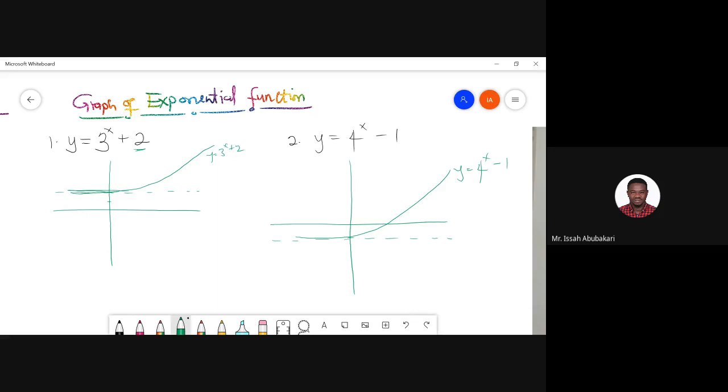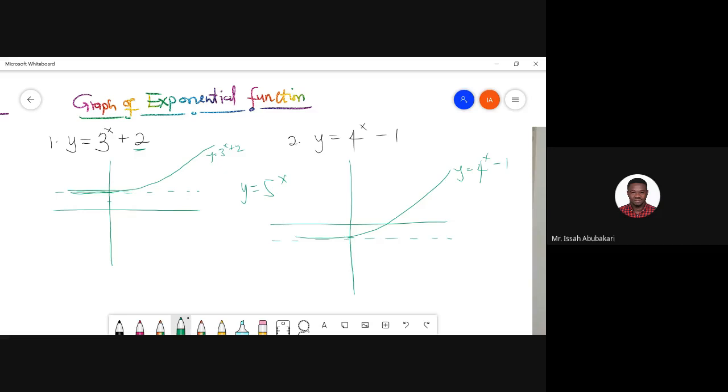Whenever you have a function and you're asked to plot the graph, look out for two things. Mostly when the graph is given to you like y is equal to, let's say, 5 exponent x, that is the easiest one. You know the graph is an increasing function, and the asymptote will be 1 on the y-axis.